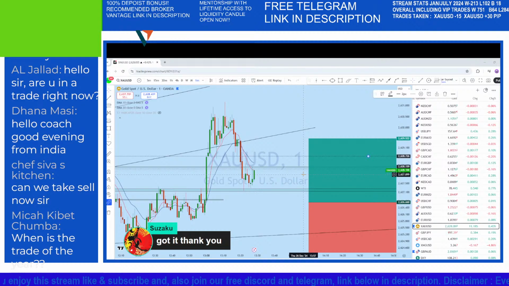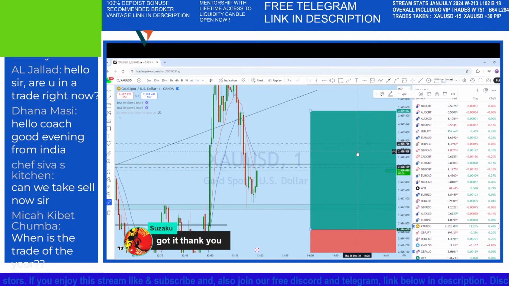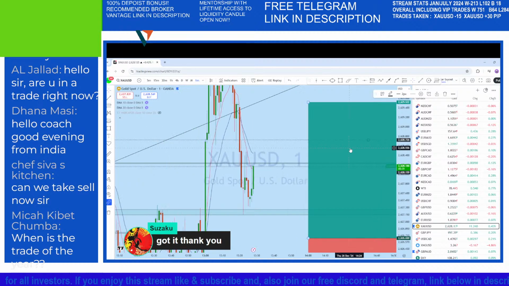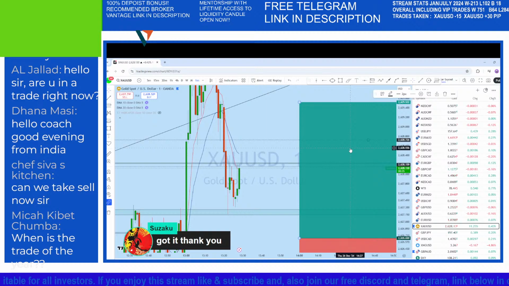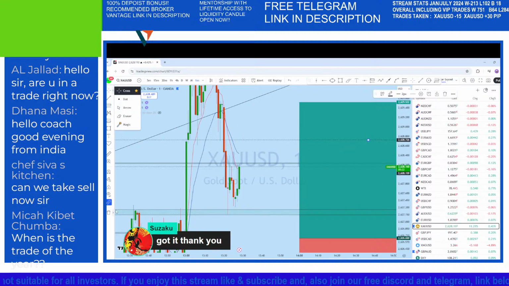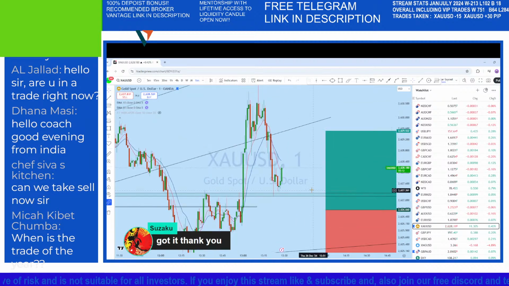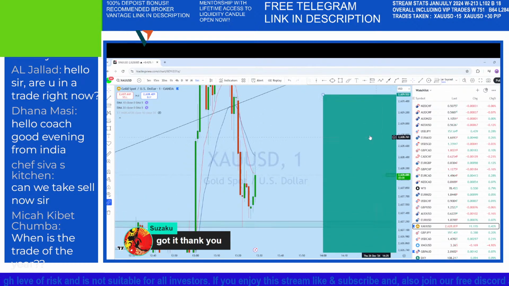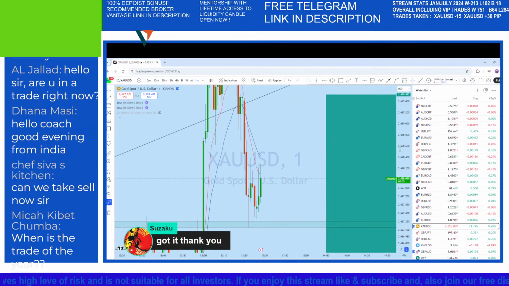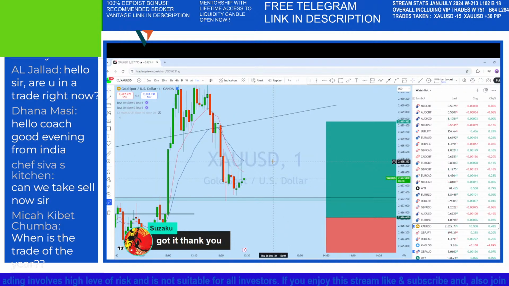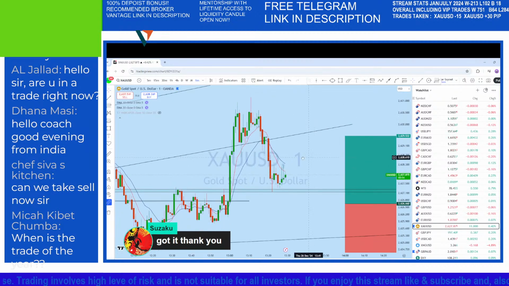Now that spike might make a big difference in the market. So you can see doji formation and 1 more minute to go before the news comes up.